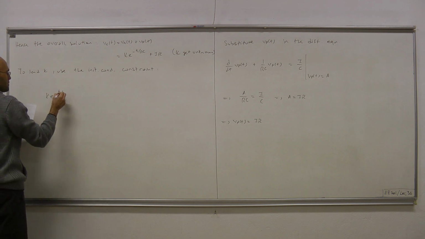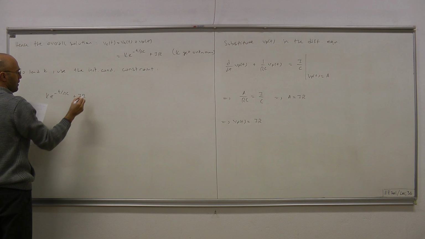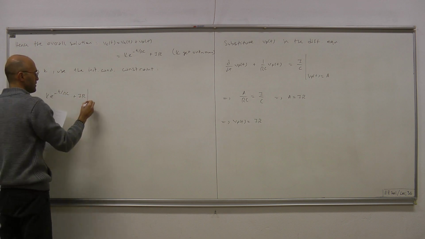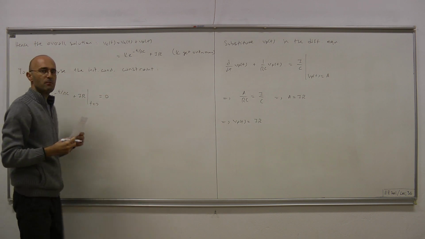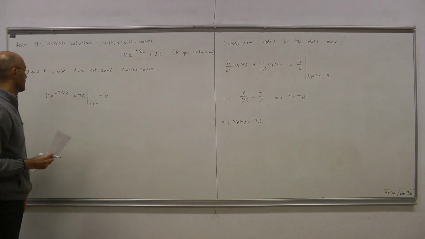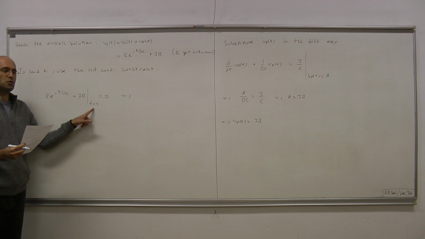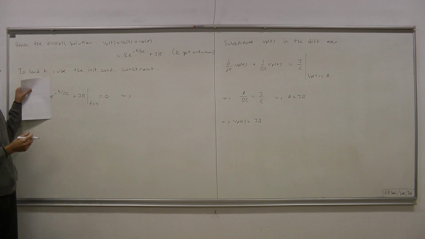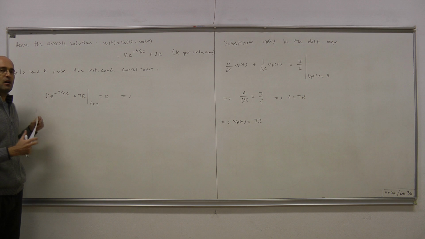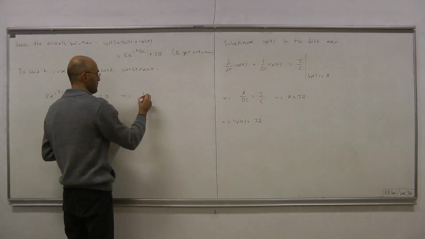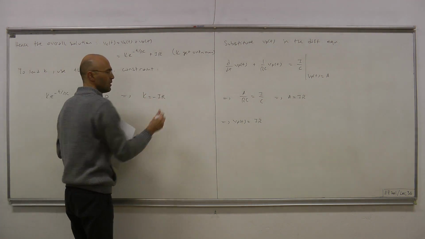K e to the minus t over RC plus IR, evaluated at t equals 0, must be 0. And that immediately gives us K, because at t equals 0, this exponential term is 1, so what we have is K plus IR equals 0, meaning K must be minus IR.